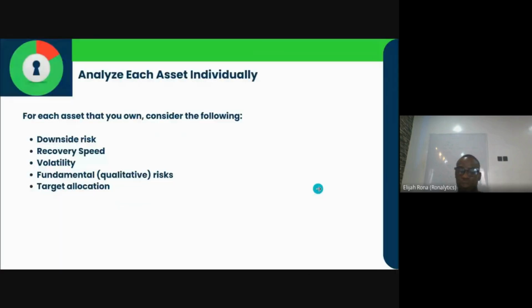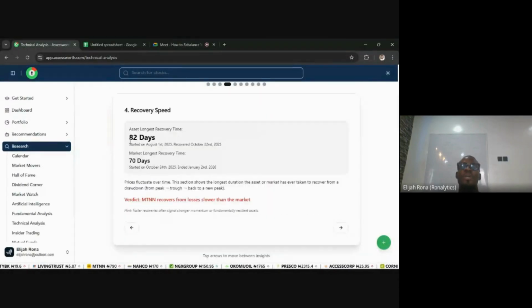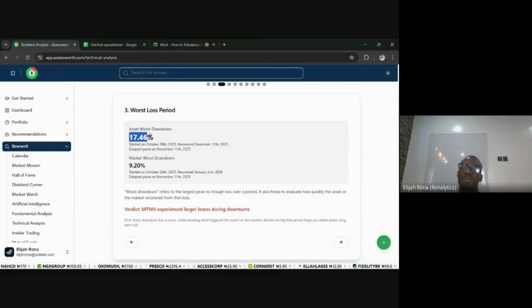I'm just showing you how to analyze some assets, technically speaking. And we've also looked at the recovery speed, which is here, number 4. It took MTN 82 days to recover a loss of 17.46%.